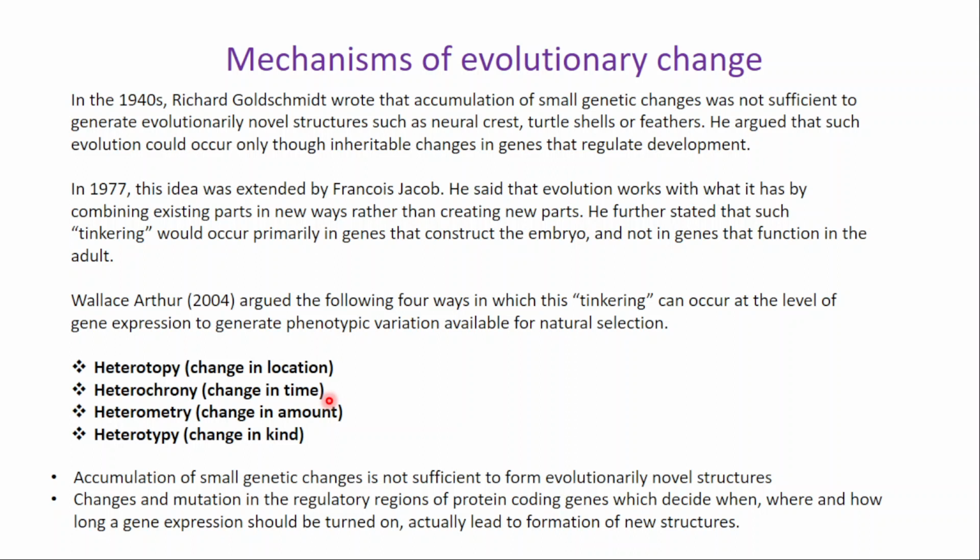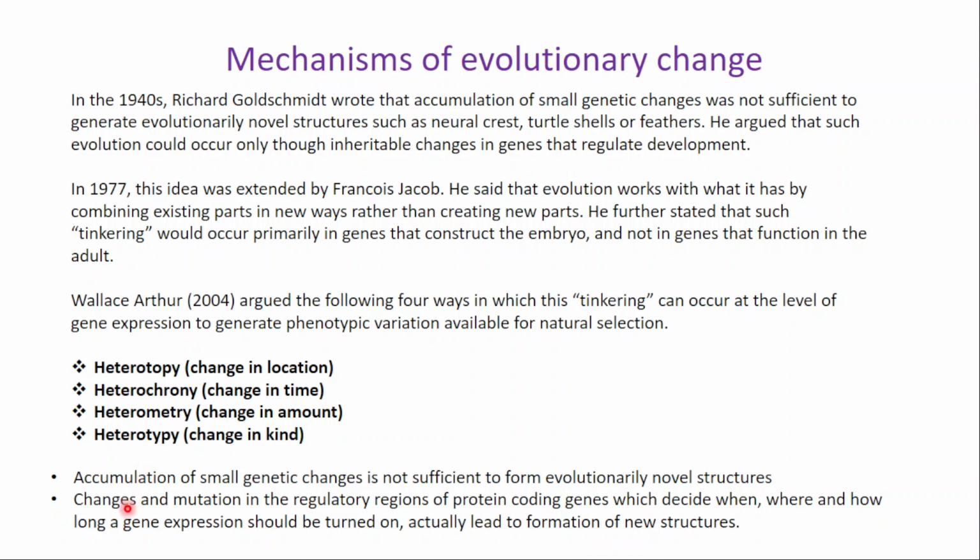The morphogen gradient turns into distinct structures for the highest receiver as compared to the intermediate as well as the lowest receiver of the morphogen. Heterotypy, change in kind, the kind of protein or the kind of gene expression. If that is changed, then that can also bring about evolutionary change or evolution of a new structure.